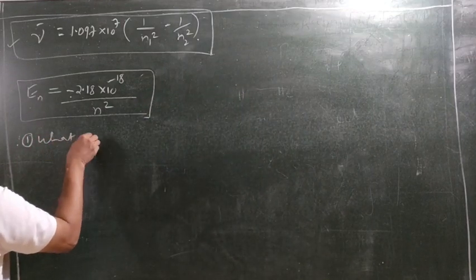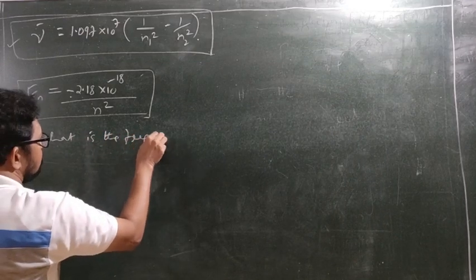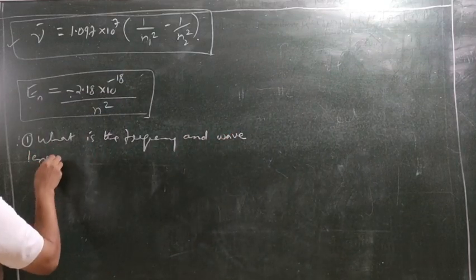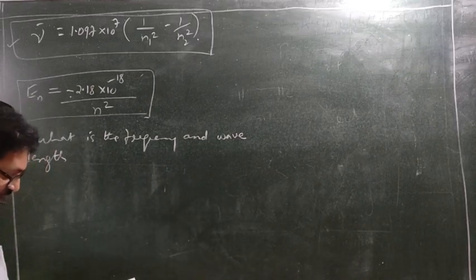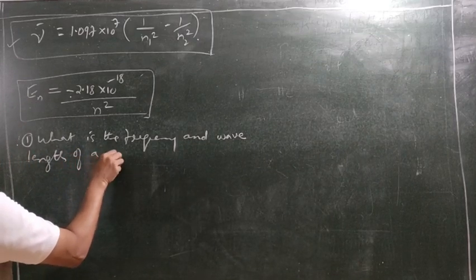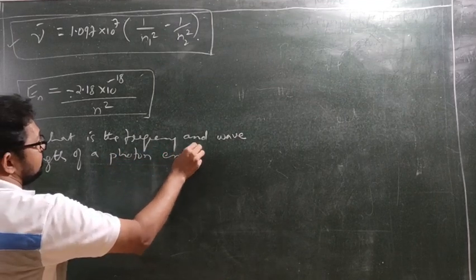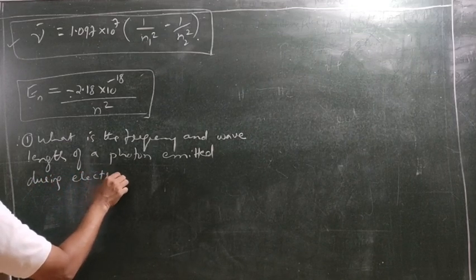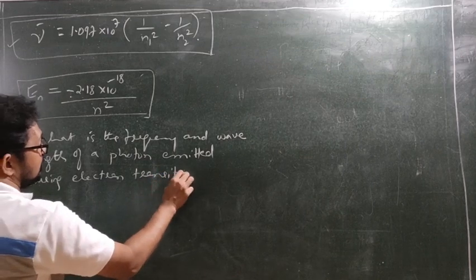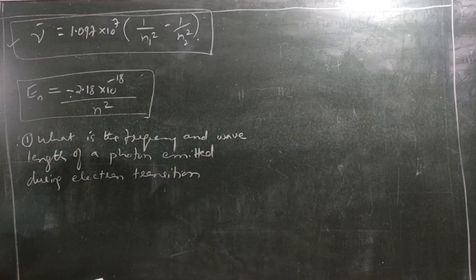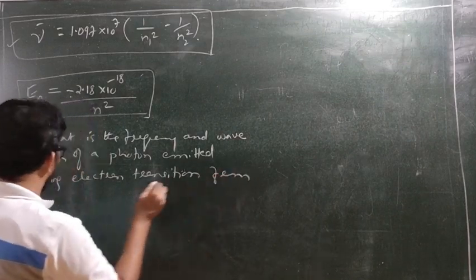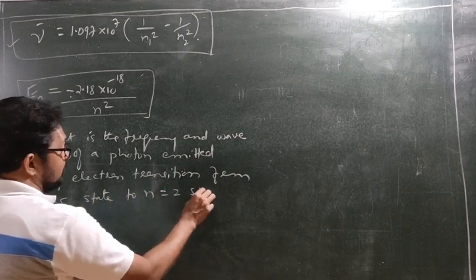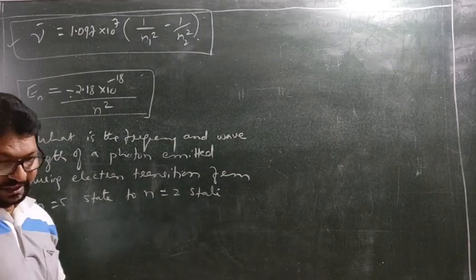What is the frequency and wavelength of a photon emitted during electron transition from n equal to 5 state to n equal to 2 state in hydrogen atom?